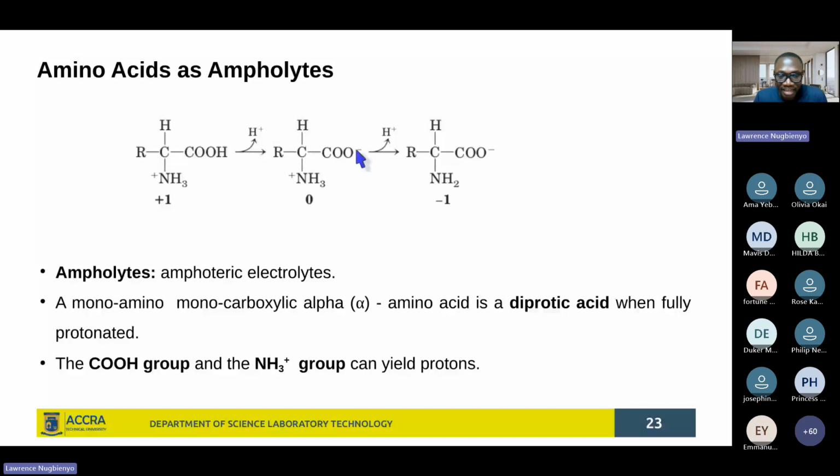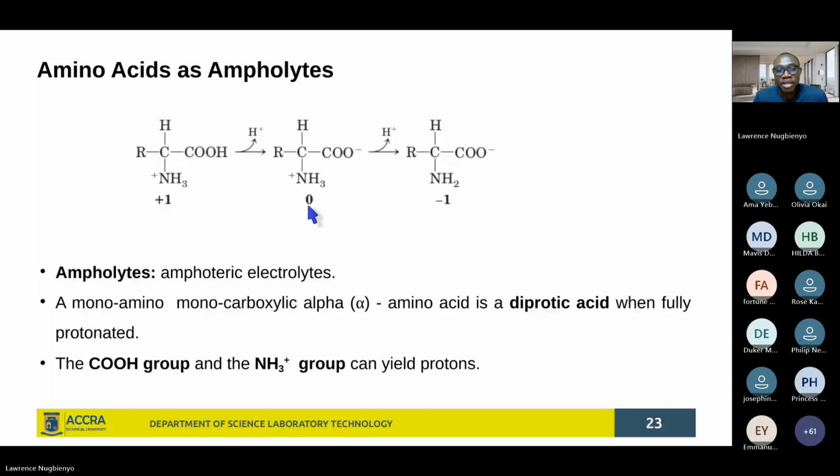Now the net charge on that amino acid is 0 because you can see the carboxylic acid group is carrying a negative charge. The amine group is carrying a positive charge. So these two charges cancel out and it becomes 0.